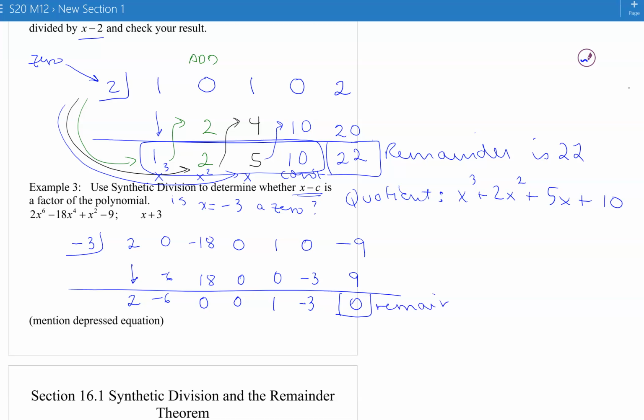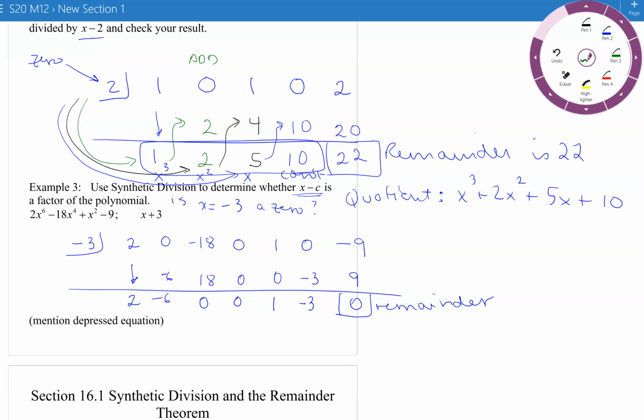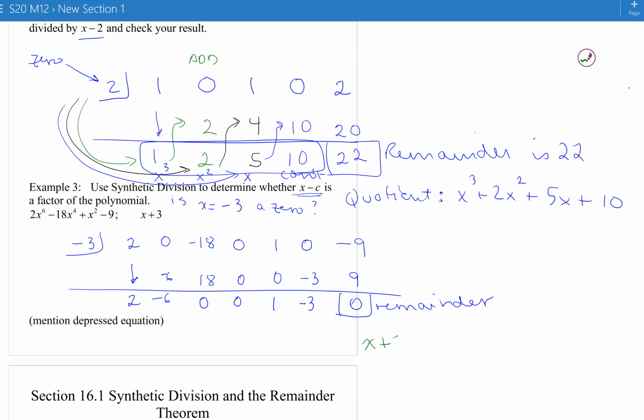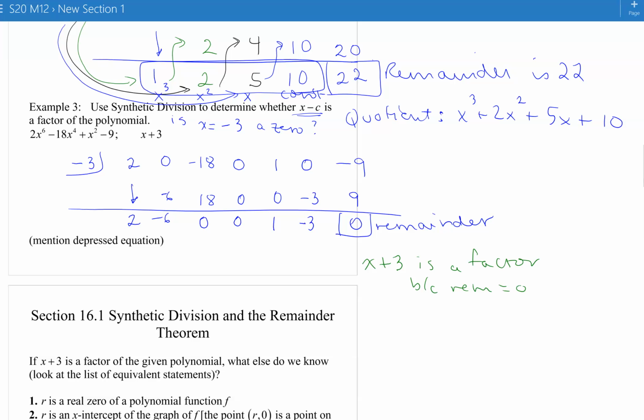So if I get a 0 remainder, go back to your 4 equivalent statements and say, wow, I know a lot of things now. I know that x plus 3 is a factor because the remainder equals 0. Then I also know another factor.